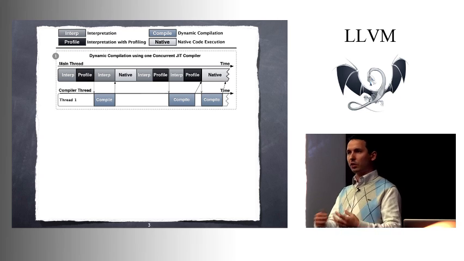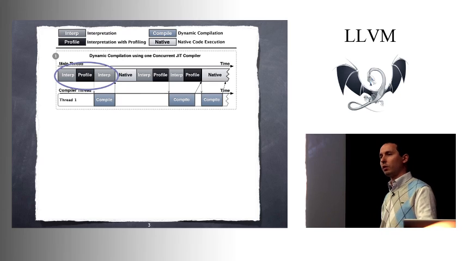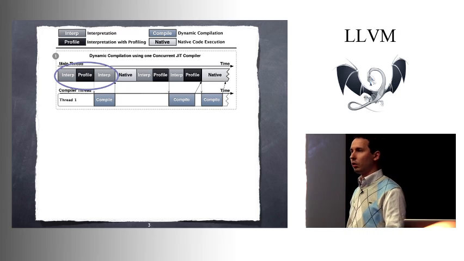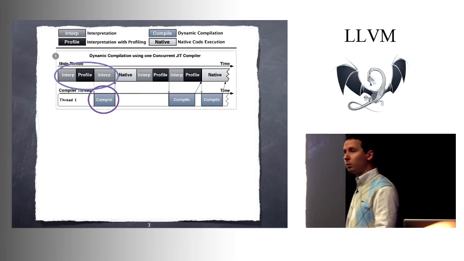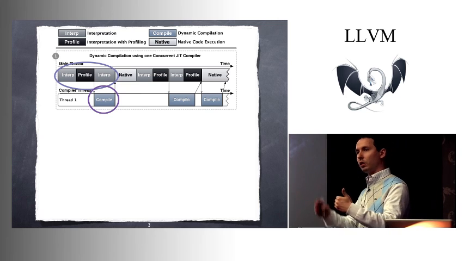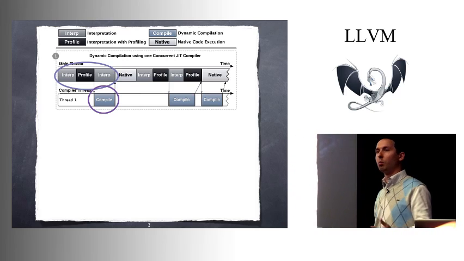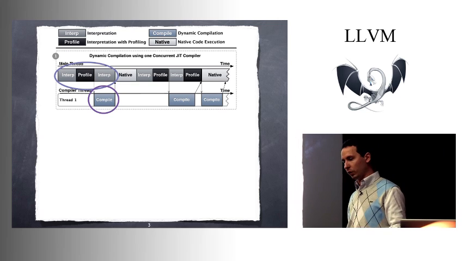Let's say you start executing your target application, you profile it, you discover that there are some methods or a hot loop, and you consider it compilation worthy. Then you would stop execution, start dynamic compilation, and once it finishes, you link whatever you compiled and start executing in native mode.